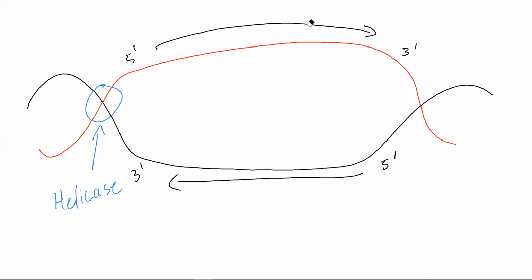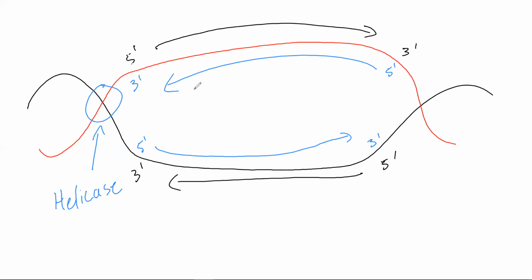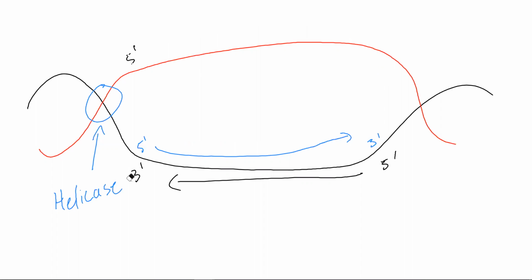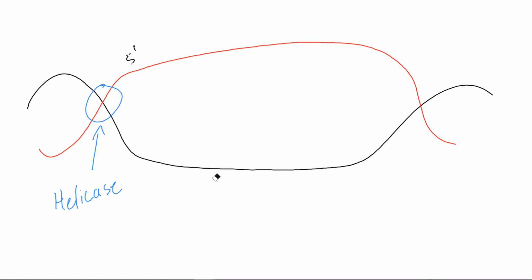So a replication strand will be 5' here, 3' here, 5' here, 3' here. And I must go 5 to 3, 5 to 3. That is the direction in which I will replicate, right? So now that we have the 5', 3', any questions on the 5', 3' actually? No? Okay, good. Fairly simple concept.